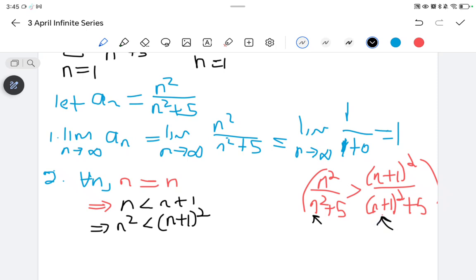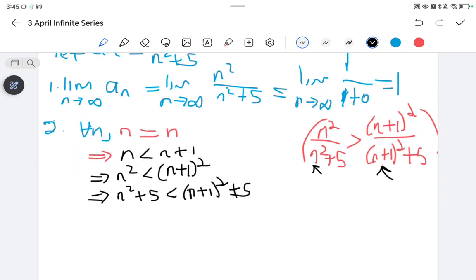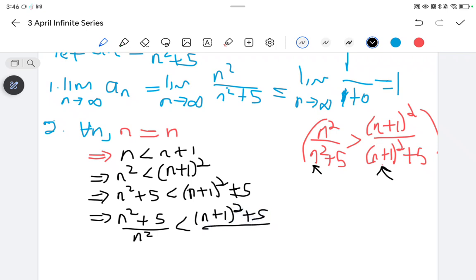Then from here I need to add 5. Then I need to divide, do I need to divide? Let me see. If I divide here by n squared, this would be n plus 1 squared plus 5 over n plus 1 squared. Yeah, I think this will be the case.